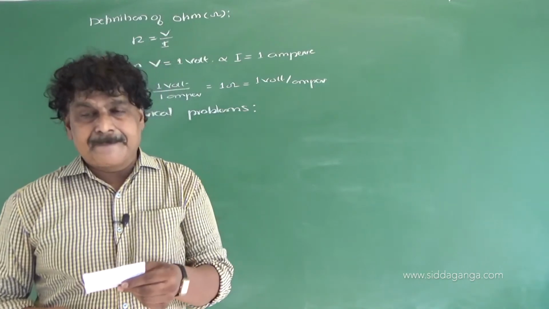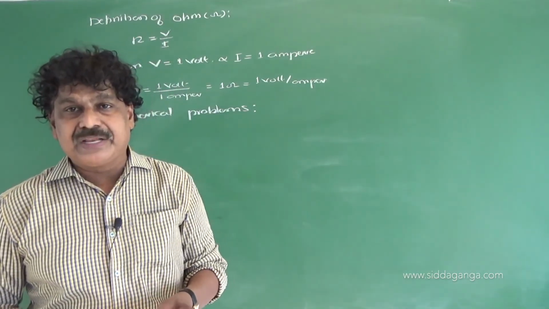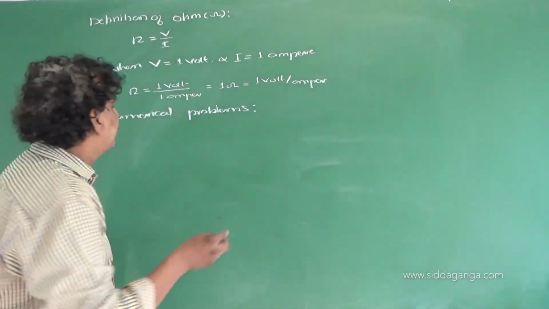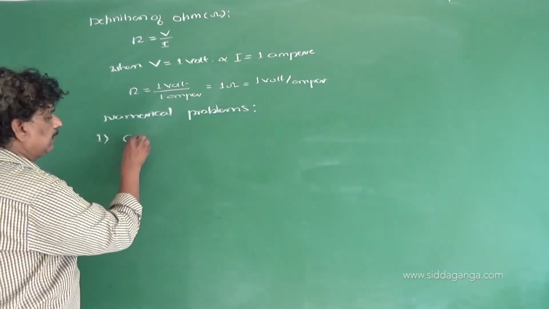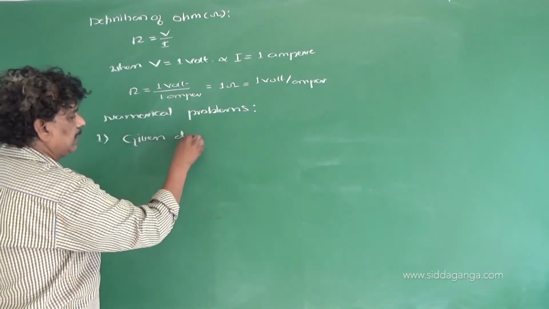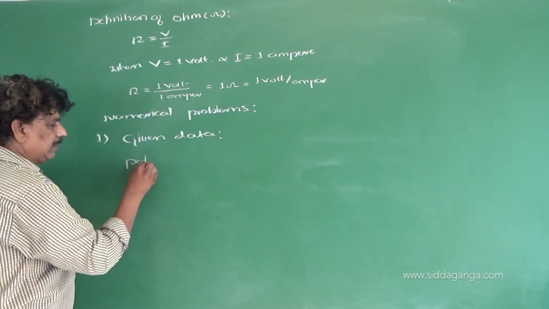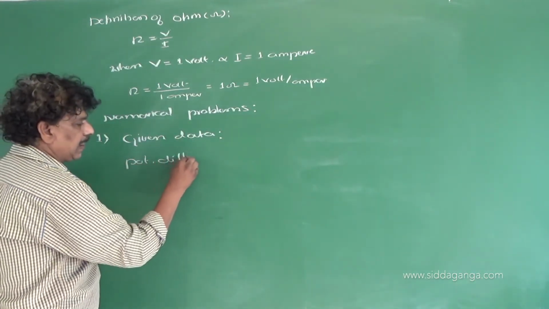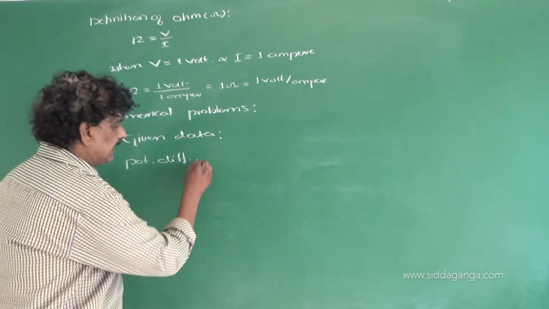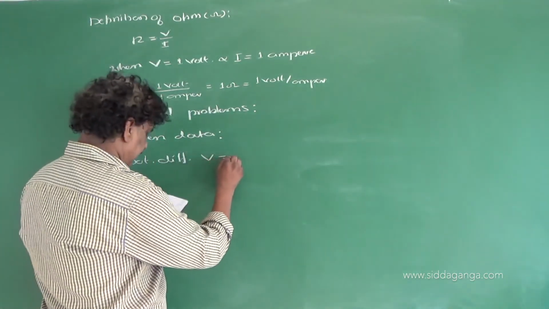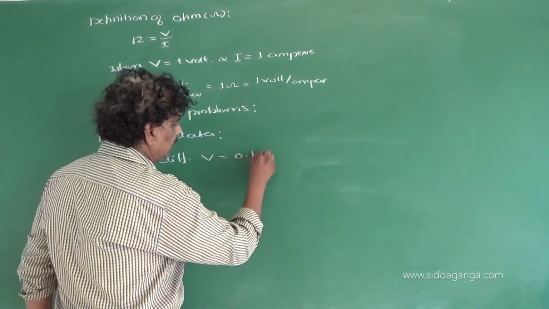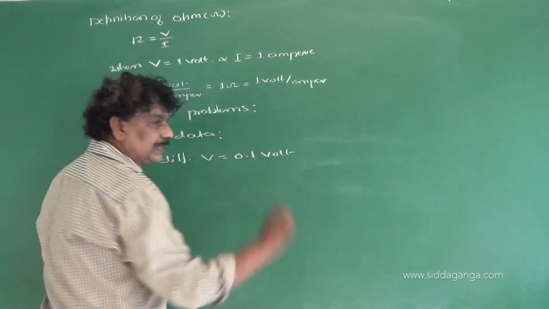Here we have been given the potential difference between the ends of a conductor. Now the given data: potential difference between the ends of the conductor V is equal to 0.1 volt.